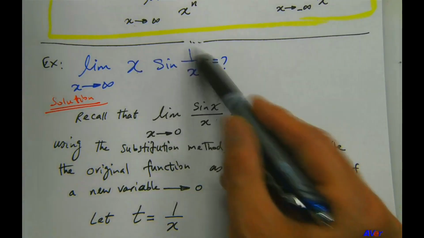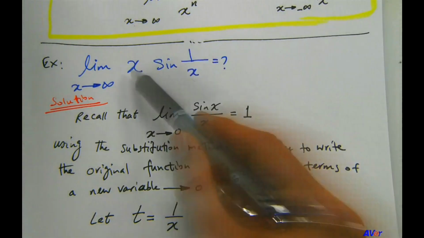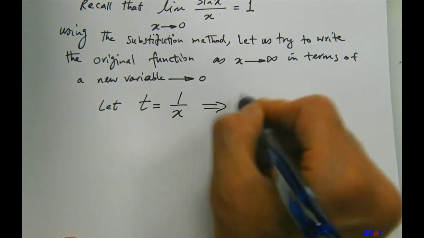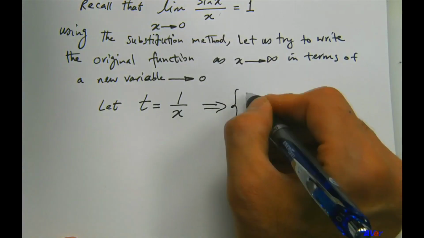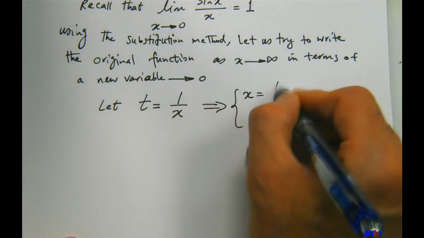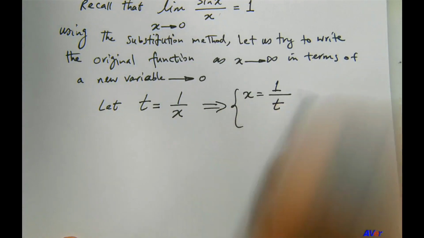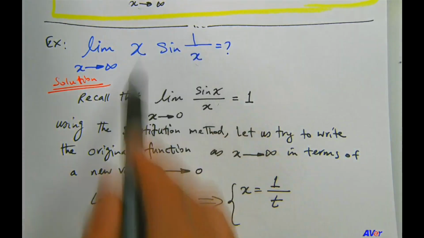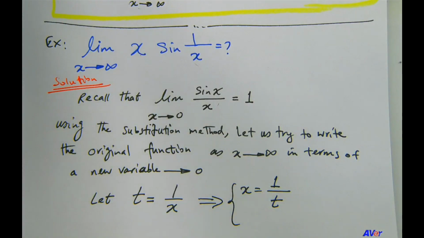T, we're taking it as 1 over x. So what is x? Okay, let's find that out. Therefore, x is simply 1 over t. And now we know what x is.